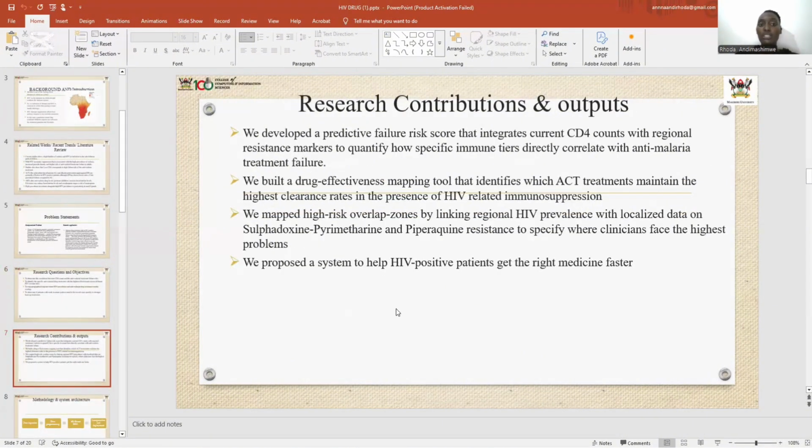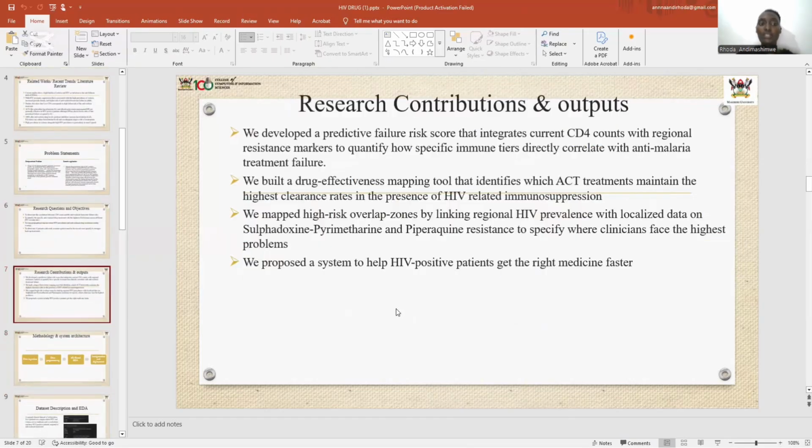Our outputs are going to be a predictive failure risk score that integrates current CD4 counts with regional resistance markers, to quantify how specific immune tiers directly correlate with anti-malaria treatment failure. So we built a mapping tool that is drug effective, and it identifies ACT treatments that maintain the highest clearance rate.